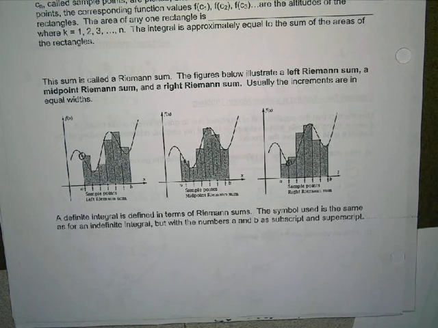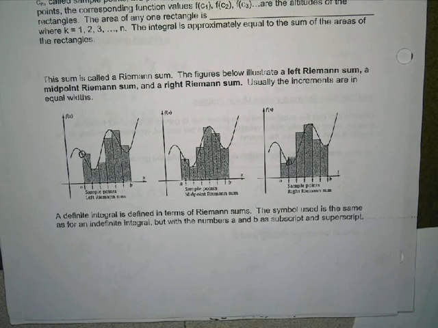You can see that each one of these approximates the area, but the one visually that has the least extra and missing area would be which one? The midpoint. Okay, so you do need to know how to set up each one, but really all that changes between the setup is where you take your heights.